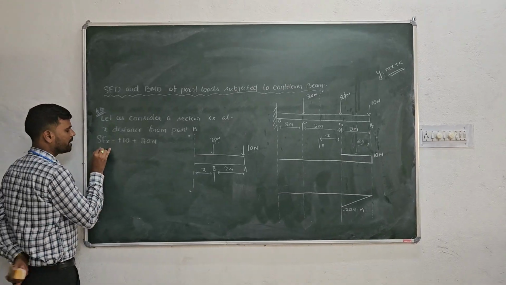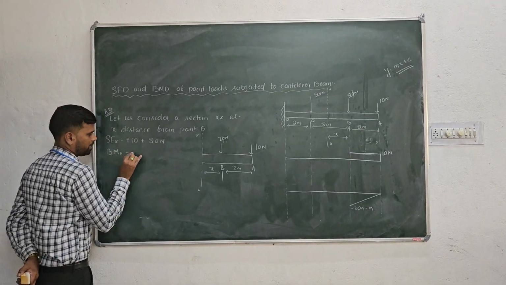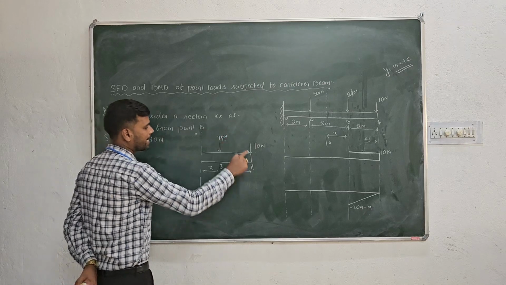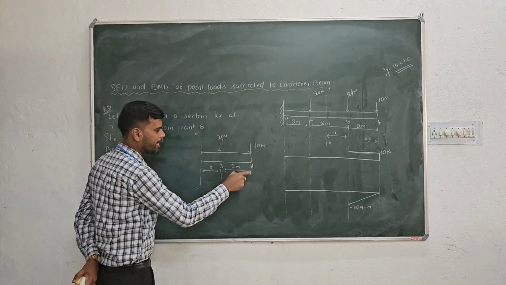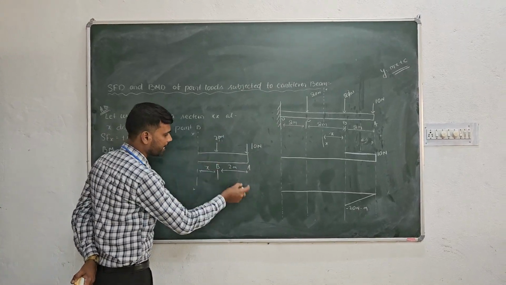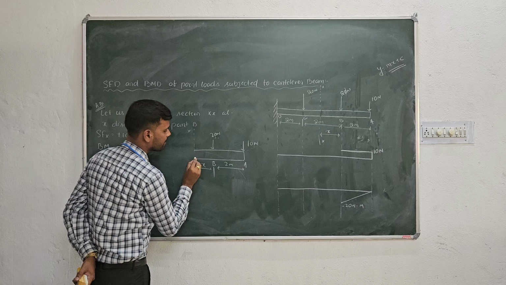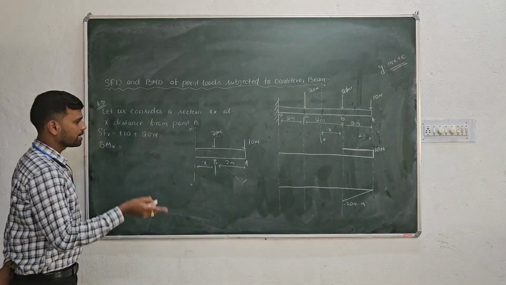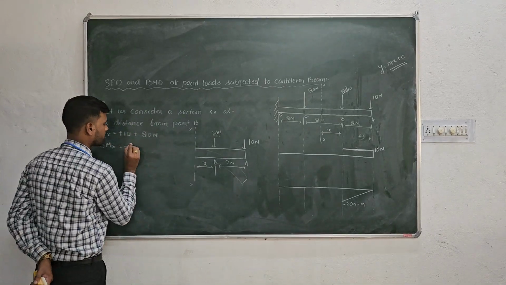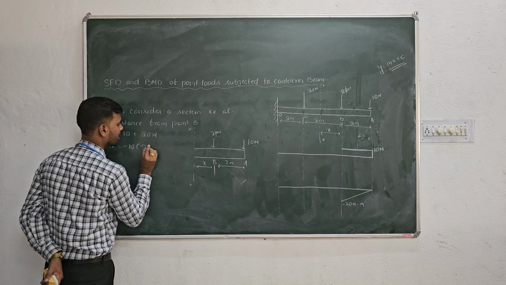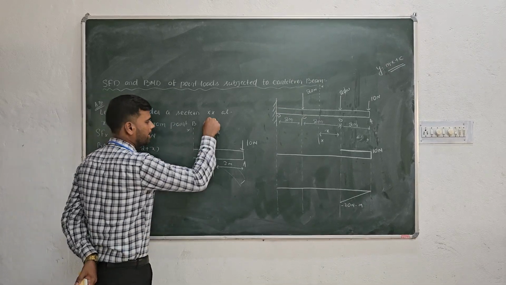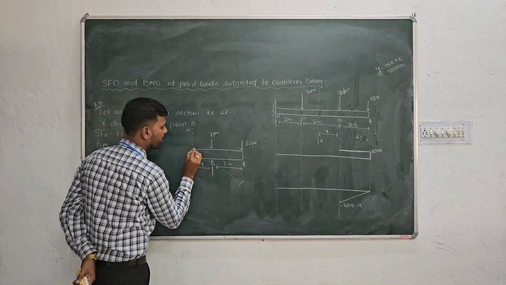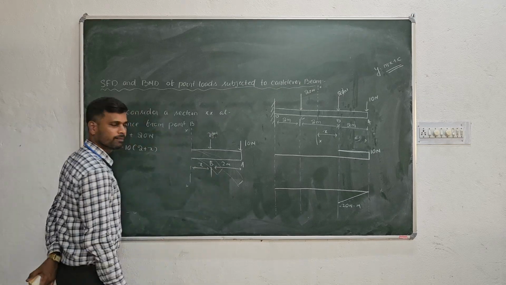Similarly, bending moment at x is equal to 10 into this distance, 10 into 2 plus x, and this is making a hat shape like this. So this is negative, minus 10 into 2 plus x. Again, because of this 20 Newton, it will bend similarly like this.